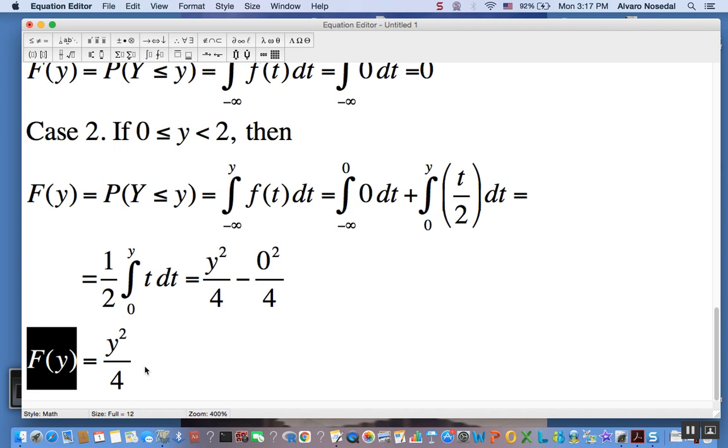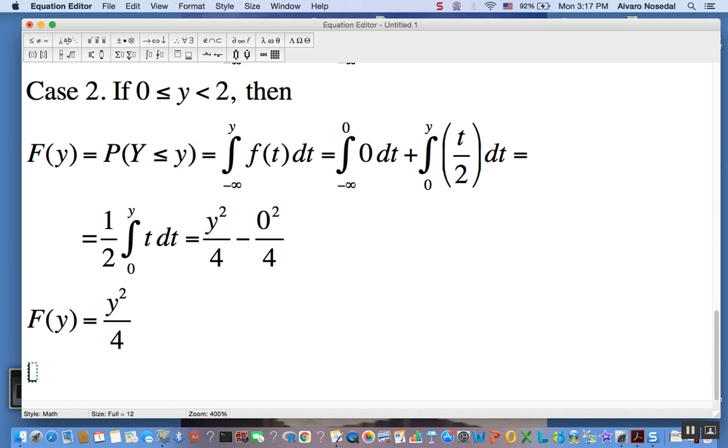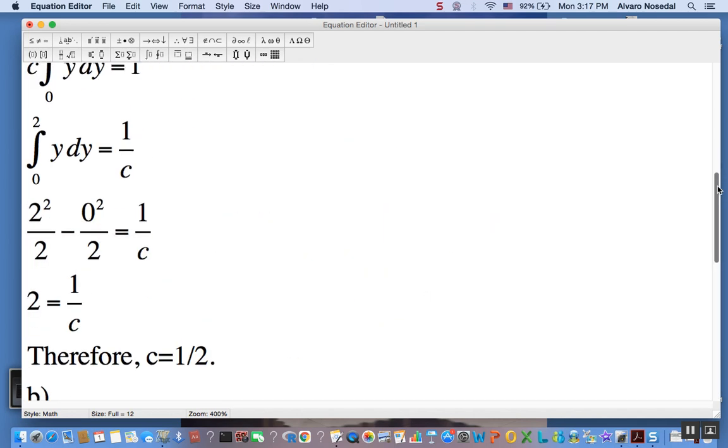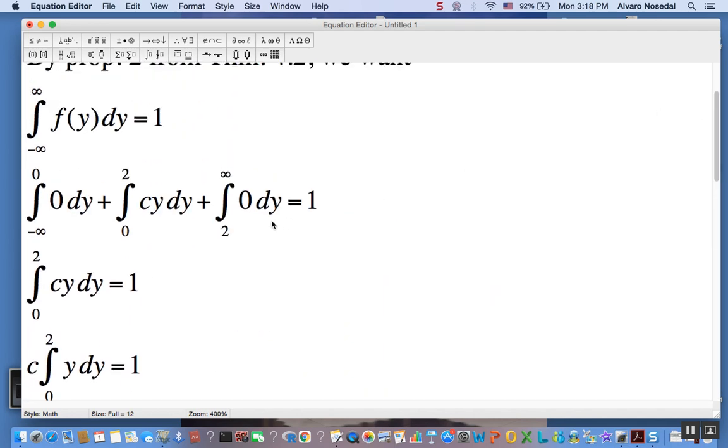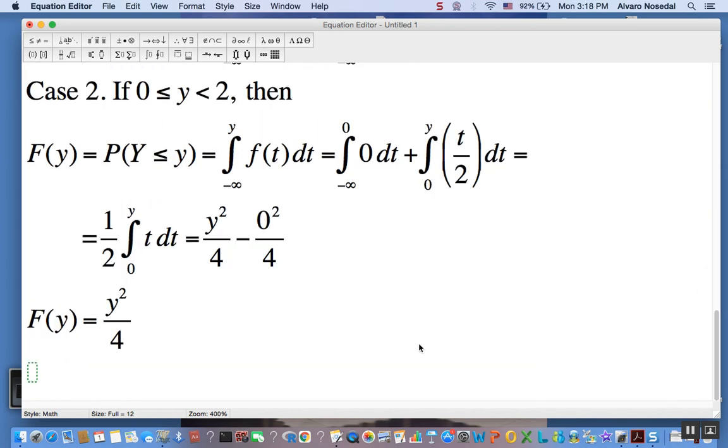F at y, if y lives between 0 and 2, is going to be y squared divided by 4. Make sense? We're almost there. Now we need the other case, right? What happens when you're between 2 and infinity, including 2?